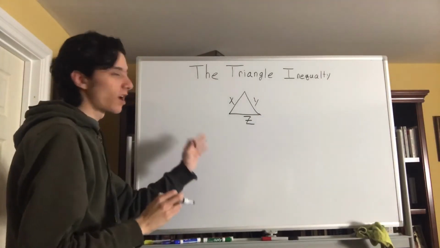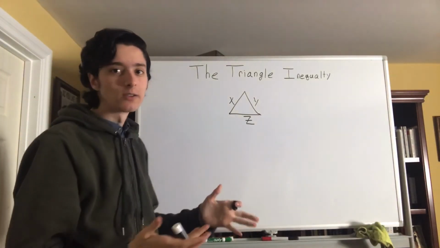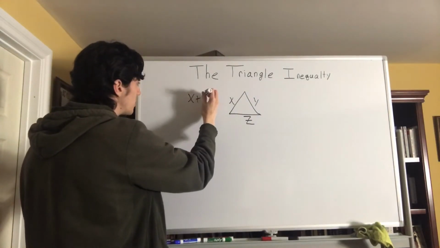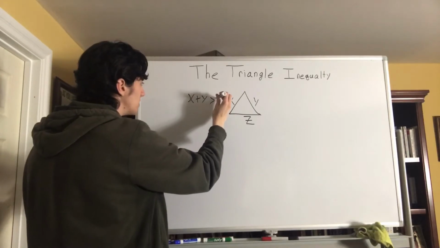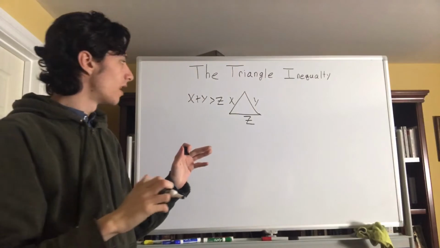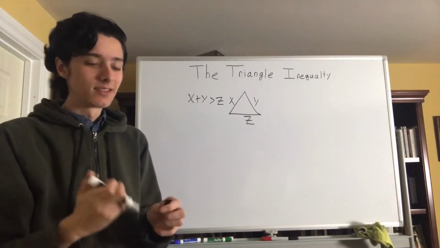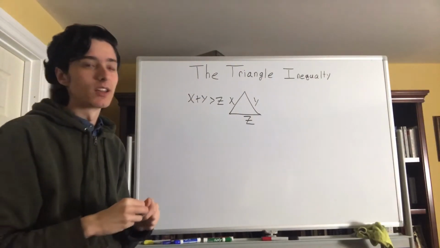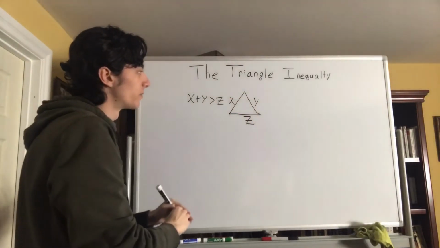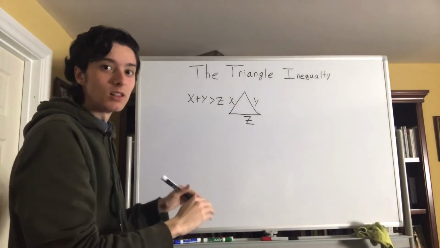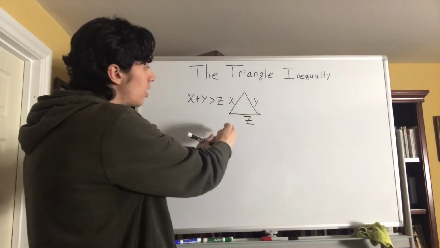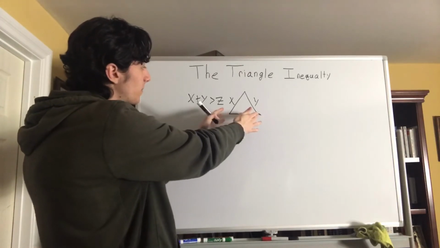Now, there's an interesting property of this triangle and all triangles, and that is the fact that x plus y is greater than z. We can think about why this is by imagining if we were to flatten the top two sides of the triangle and line them up alongside z, we would see that it would be longer than the side length of z.